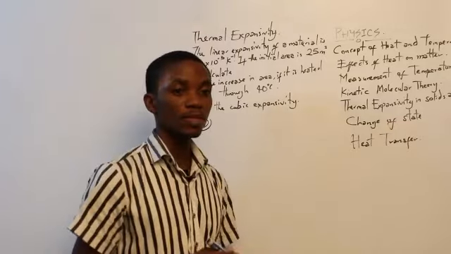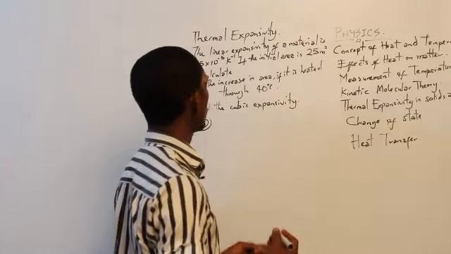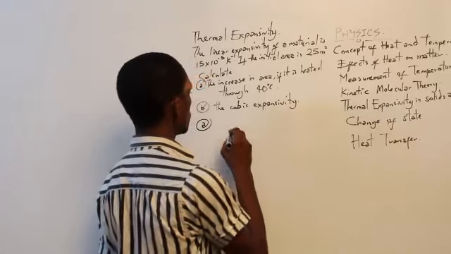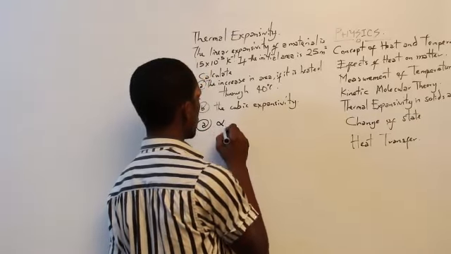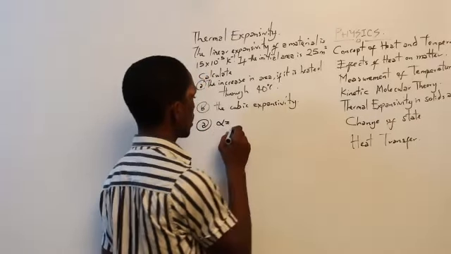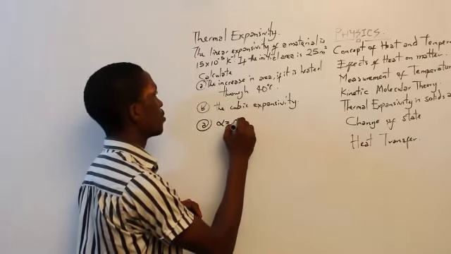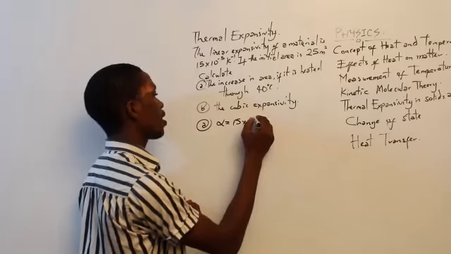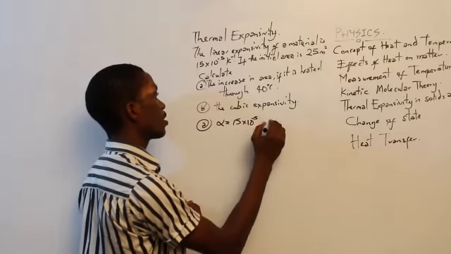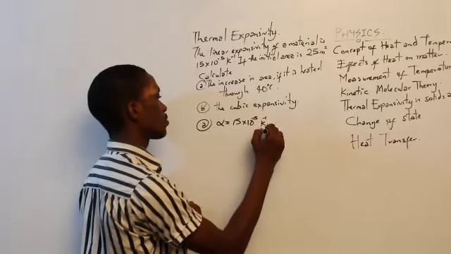Let's write out our parameters. What parameters are we given? First parameter is the linear expansivity of the material, which is alpha, and it is given as 15 times 10 raised to the power of minus 5 per Kelvin.